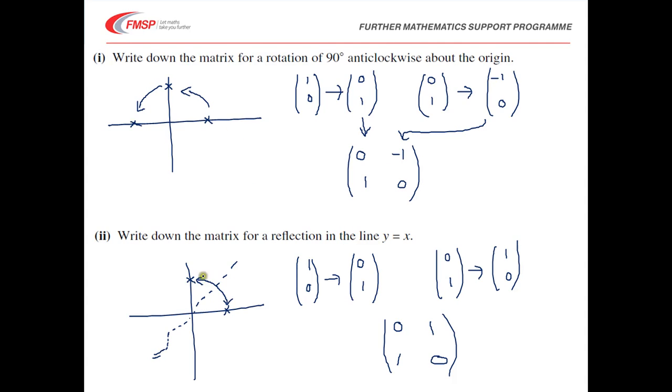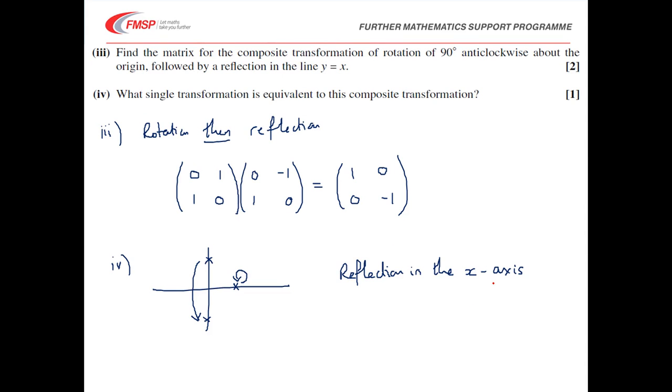So let's have a look at the mark scheme for this question. For part 1, there was just a single mark. For part 2, just a single mark. You could learn those. For part 3, there is a method mark for the correct order, following through from what you had in parts 1 and 2, and an accuracy mark for getting the correct answer.